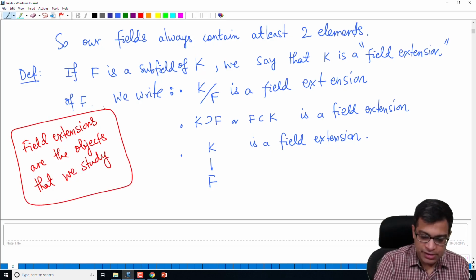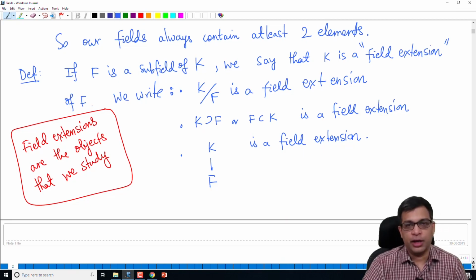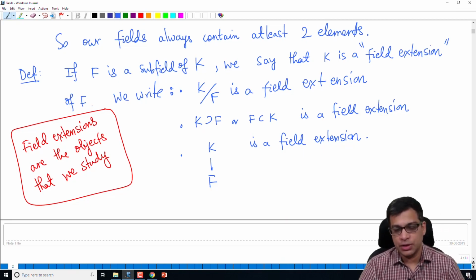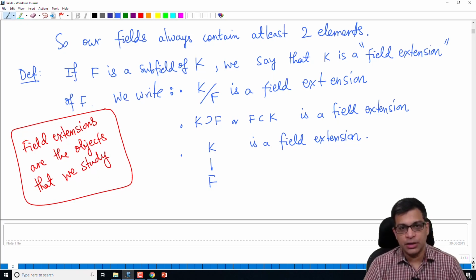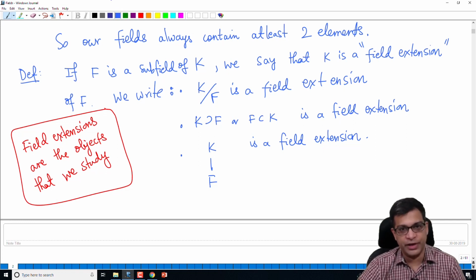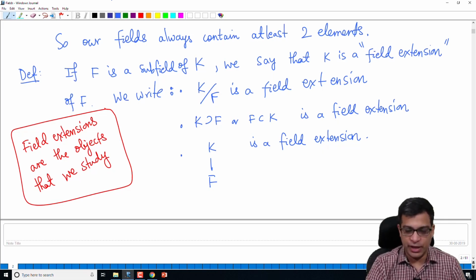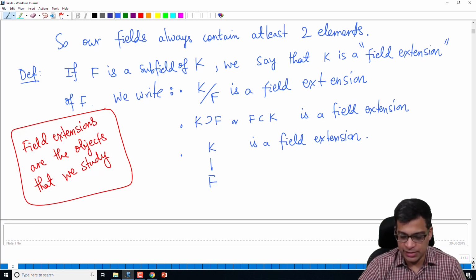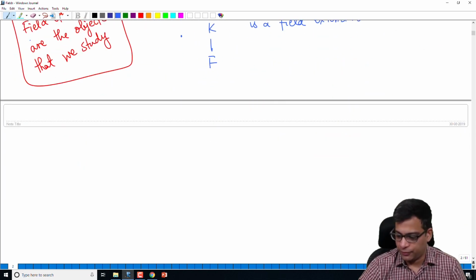So what I am trying to say is that we studied a ring on its own in some sense, whereas we do not study a field on its own, but we study its subfields, or how a field sits inside another field, and so on. So our objects are not just fields but field extensions. So that means these are pairs of fields. F is a subfield of K, and we will say that K is an extension field of F. Okay.